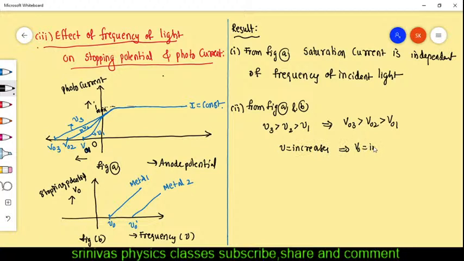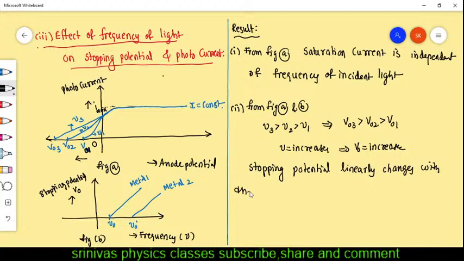That means we write here that the stopping potential changes linearly with the change in frequency of incident light.